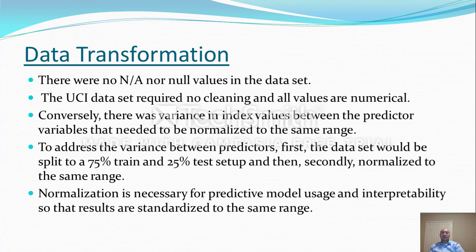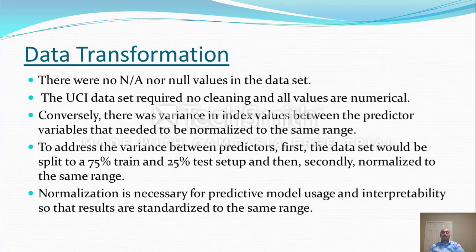Furthermore, in the data transformation section, there were no NA nor null values in the dataset. The UCI dataset required no cleaning and all values were numerical. Conversely, we did notice that there was some variance in the index values between the predictive variables that we would deal with through normalization.